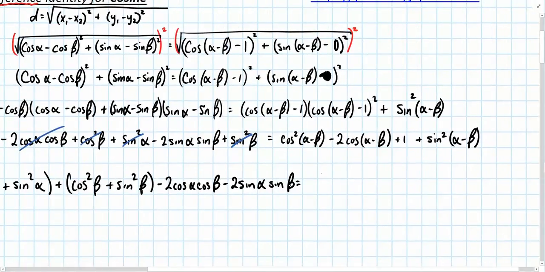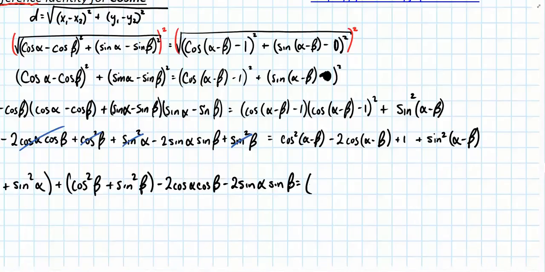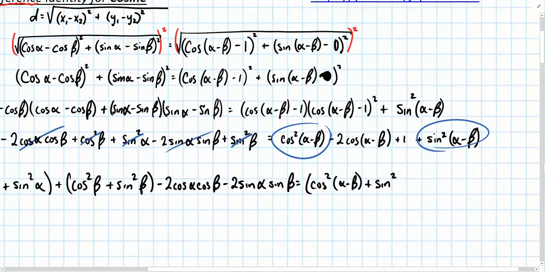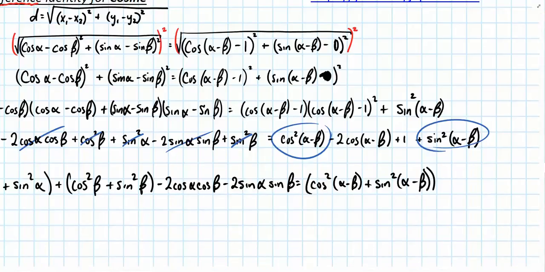The right side of the equation behaves very similarly. So I'm going to cross that one out since I've cleaned up the whole left-hand side. Now this cosine squared and this sine squared are going to be grouped together. So cosine squared of alpha minus beta plus sine squared of alpha minus beta. Those two are going to be grouped together here.